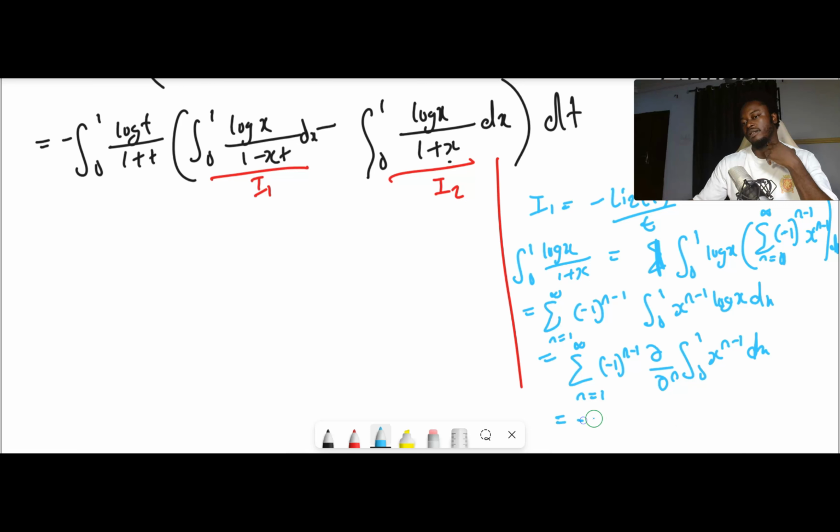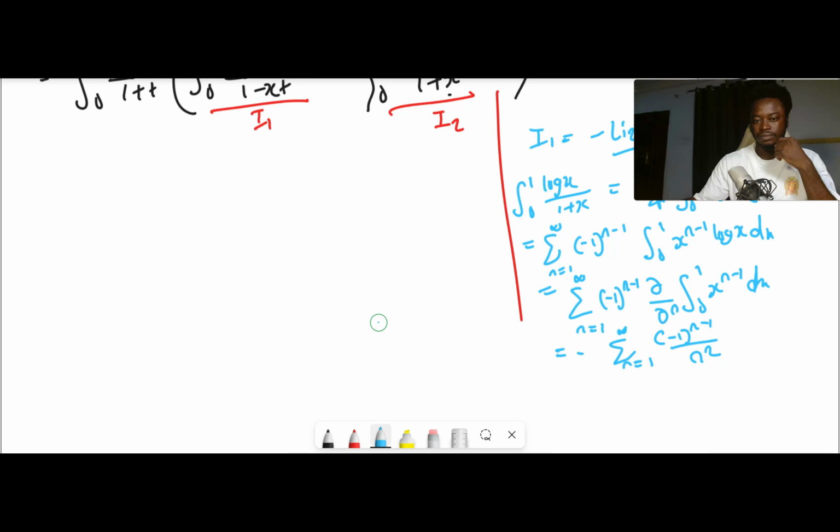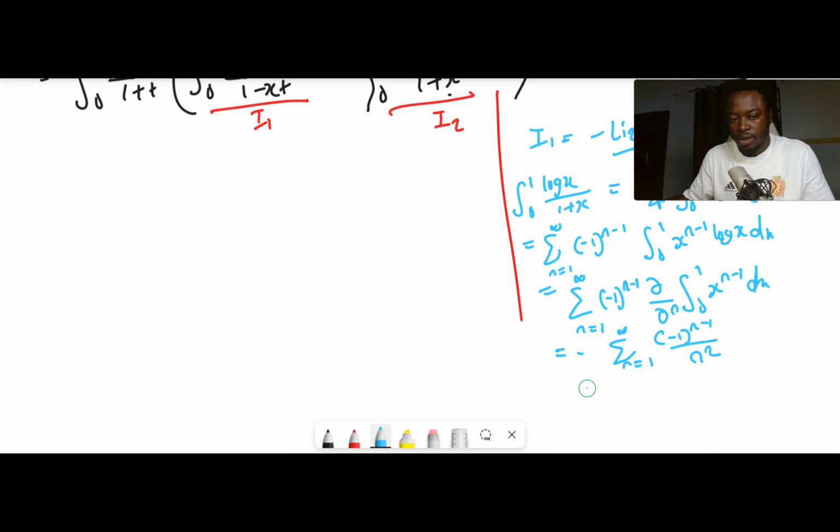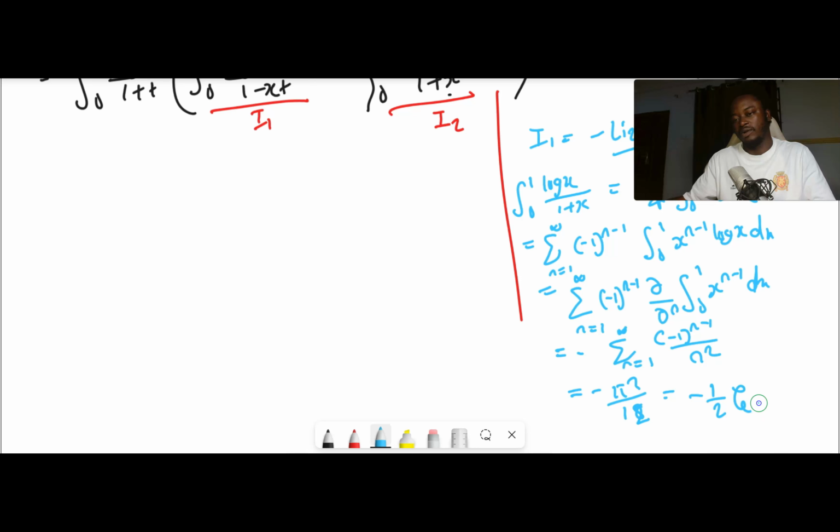So this is negative times the sum as n runs from 1 to infinity of negative 1 to the n minus 1 all divided by n to the second power. And this is going to be equal to negative pi squared over 12, which is negative 1 over 2 zeta of 2, because zeta of 2 is pi squared over 6.